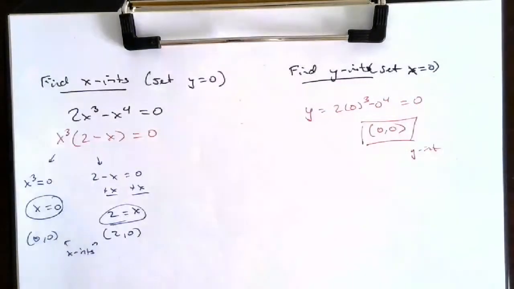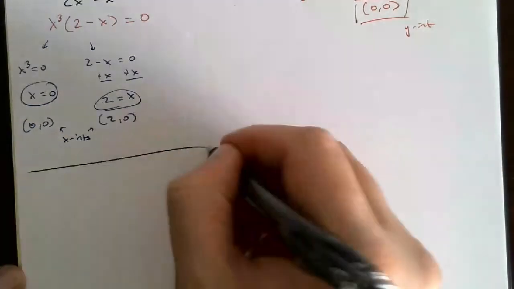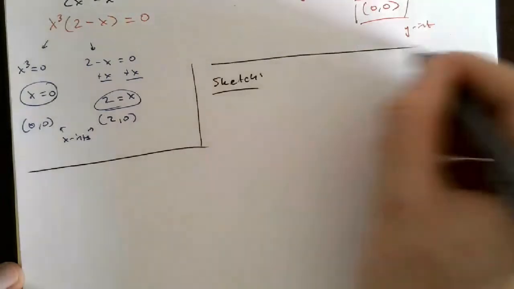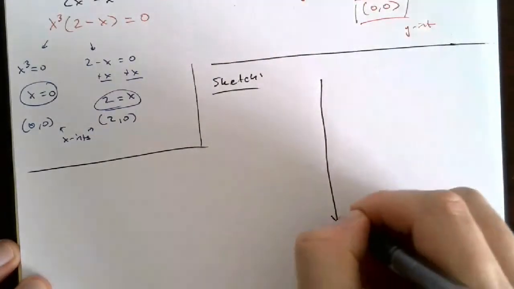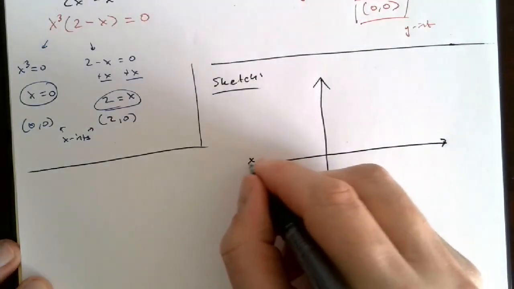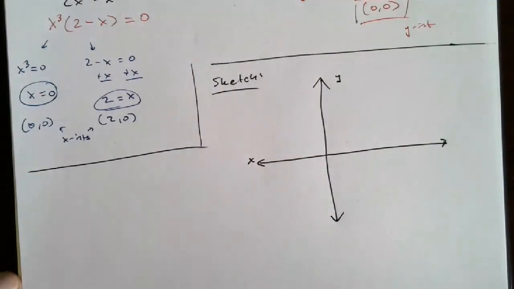So if I went to sketch this, I'm going to sketch everything that we just talked about. Here's our sketch. We're going to have an x and y axis. Here's x, here's y. I can plot the intercepts that I just talked about.